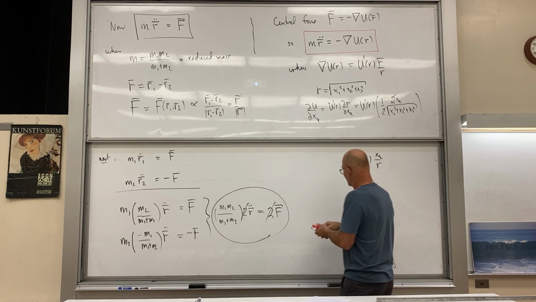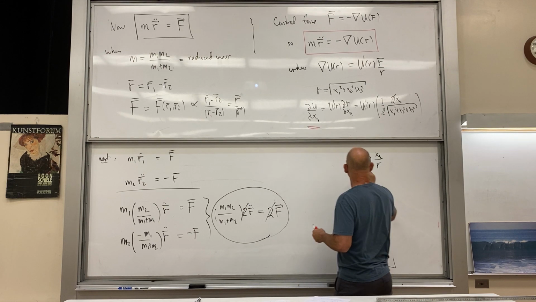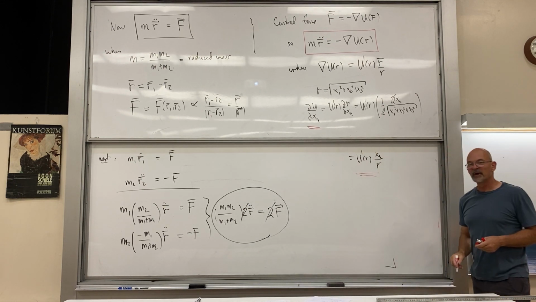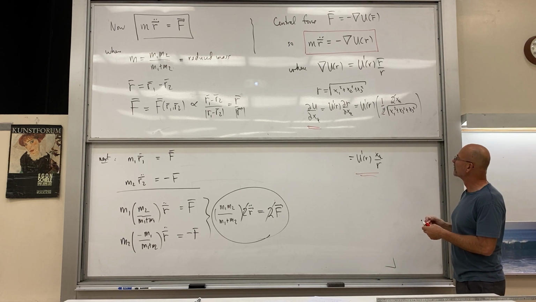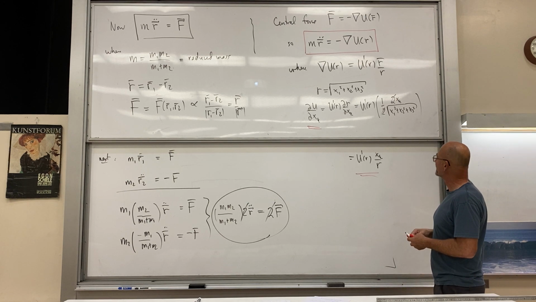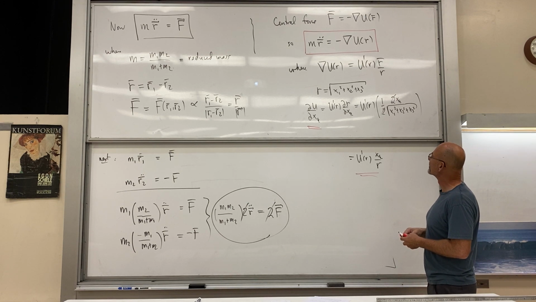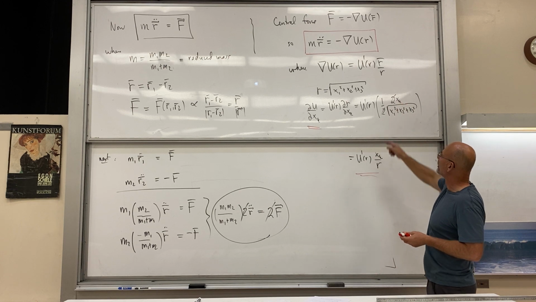And so since we have this for all three components of it, it'll be vector r divided by magnitude r. Good. Put a minus sign in front of it and you have the force.